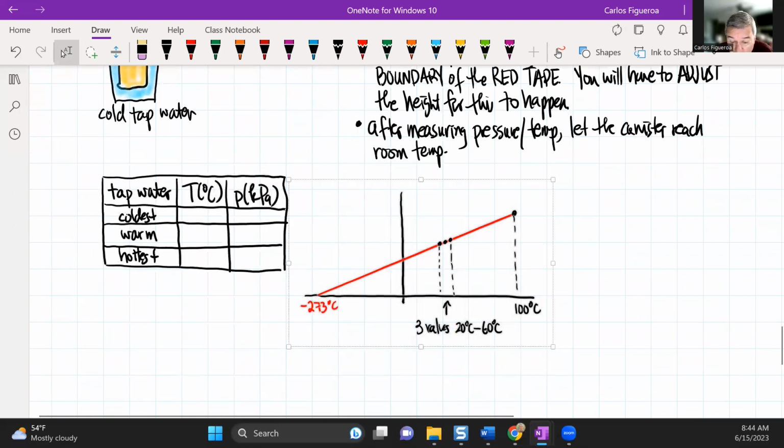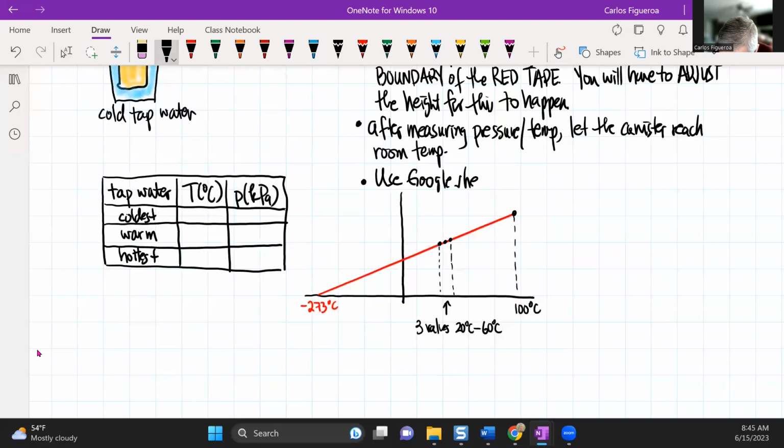So then we want to go analyze this. What you want to do is use Google Sheets or Excel to plot and get a trend line.